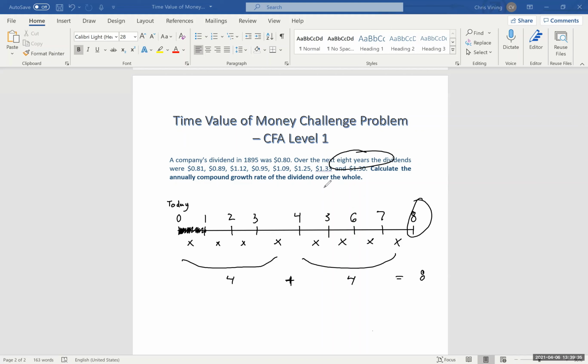Sometimes the wording will change. It could say a company's dividend was 80 cents at the end of a particular year, or what is the value at the beginning of year 7 or 8.